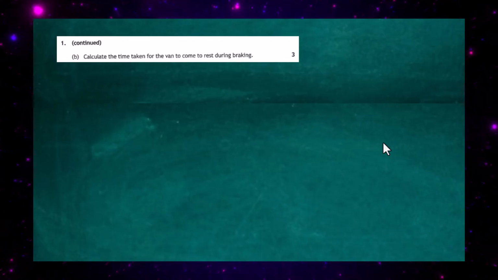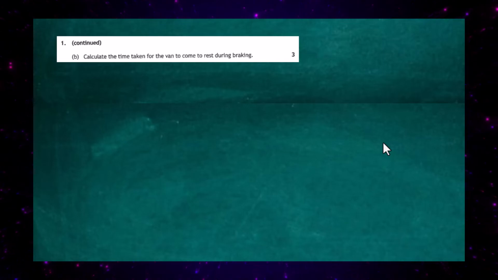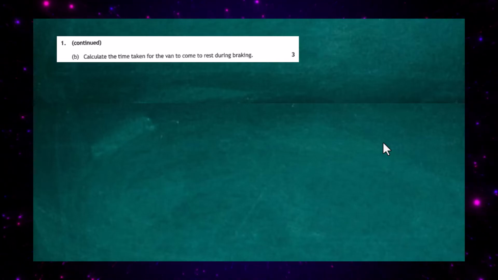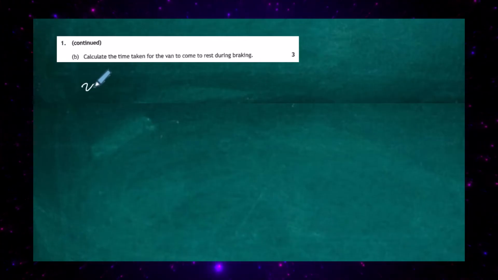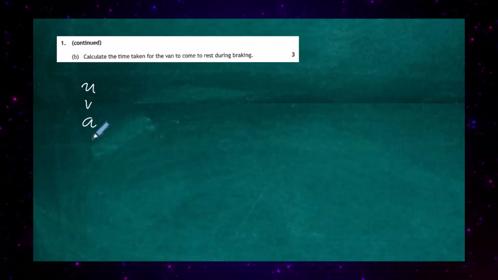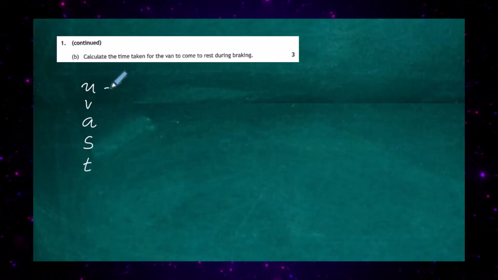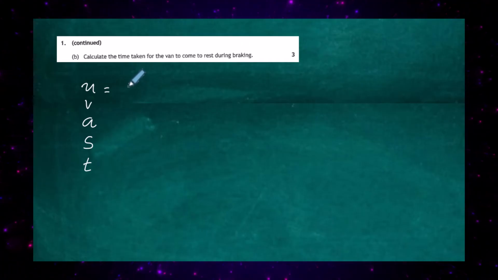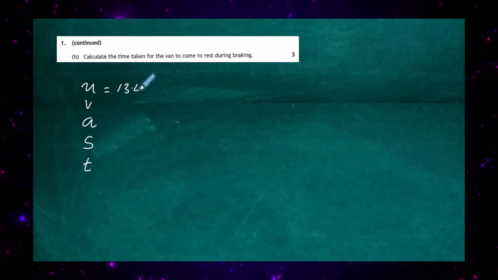Question 1, part B. Calculate the time taken for the van to come to rest during the braking. Once again, we put down the kinematics variables: u is the initial velocity, v the final velocity, a the acceleration, s the displacement, and t the time. We already know the initial velocity of the van is 13.4 metres per second, from the previous part.